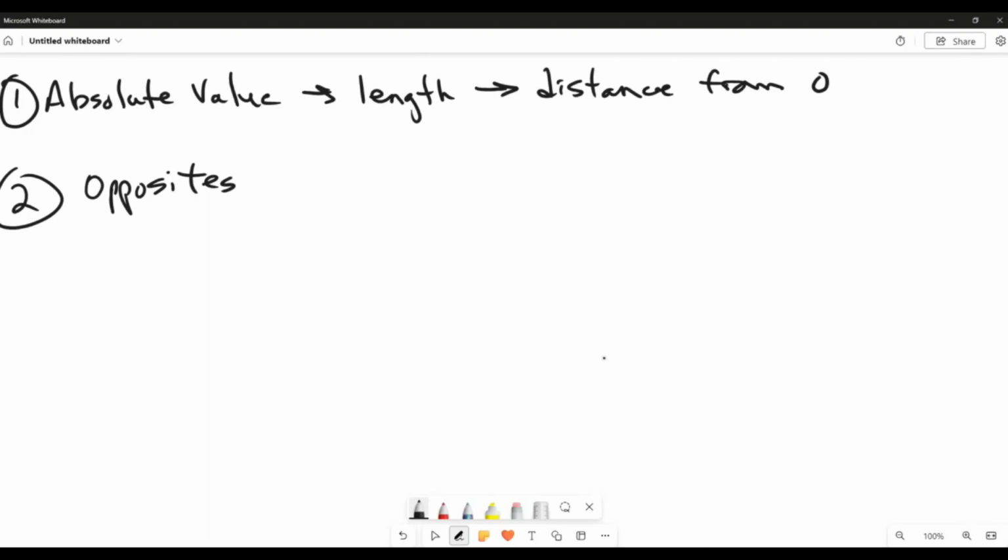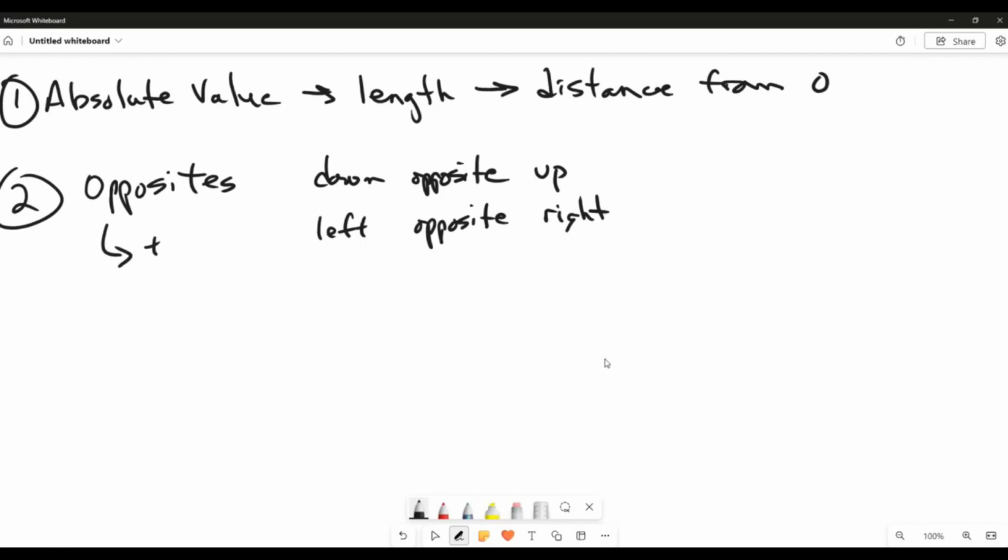Completely different from opposites. If we take the word down, the opposite is up. If we take the word left, the opposite is right. In numbers, opposite deals with the sign of the number.